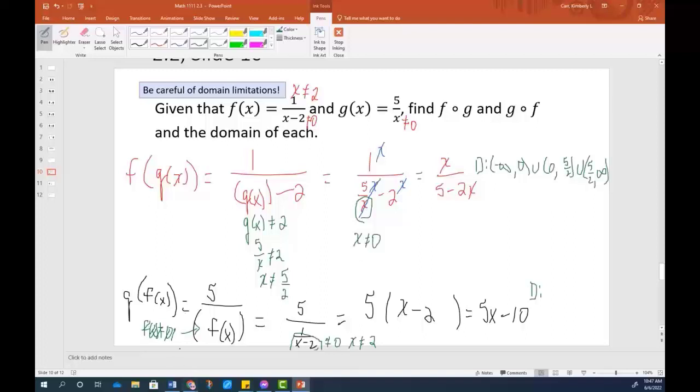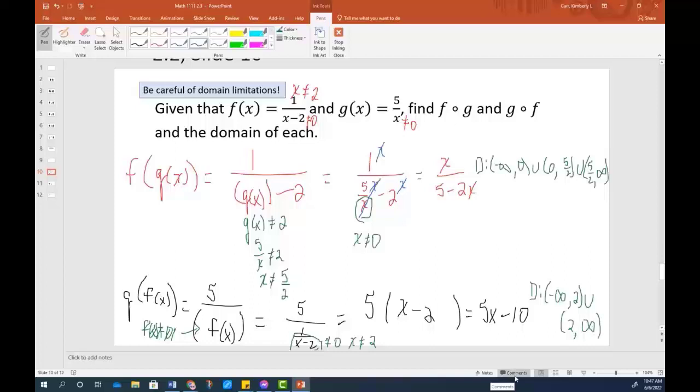Even though I didn't have to worry about the first one, I do know that x cannot equal 2. So I'm going to have to skip over that. So it goes from negative infinity to 2, skips the 2, so then we union that with 2 to infinity.